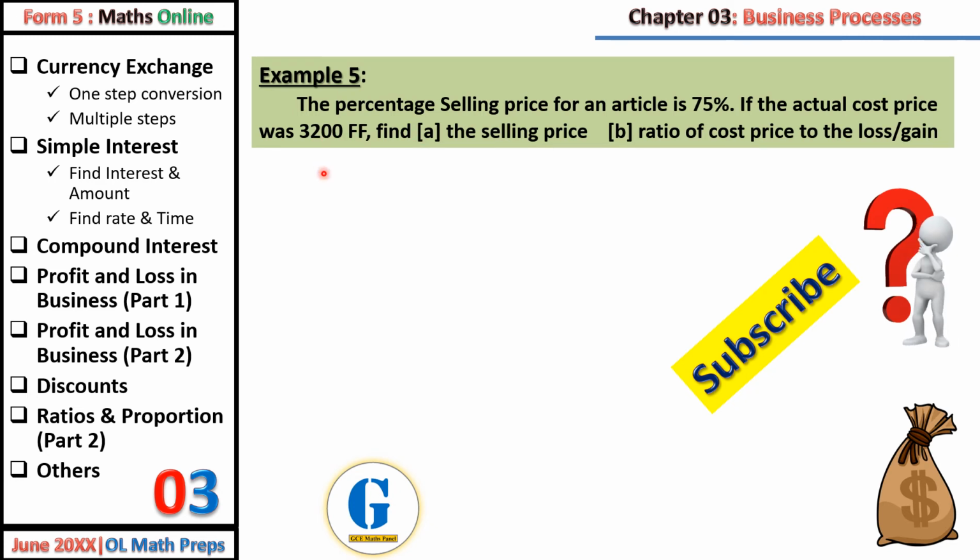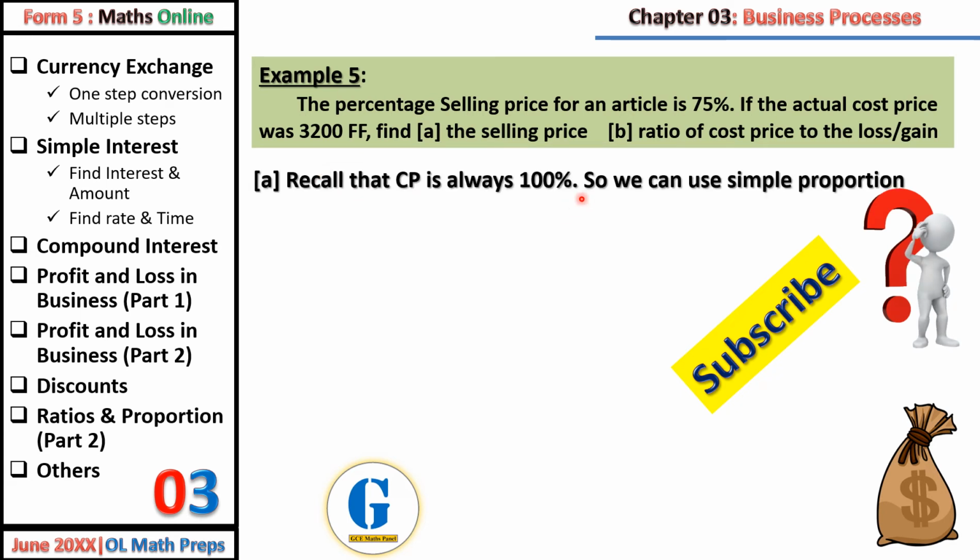One thing we have to recall is cost price is always 100%. So we can use simple proportion. Okay, cost price is always 100%. So this 3,200 is equal to 100%, and the selling price will be equal to the percentage selling price in this proportion. So our selling price, let's call it SP, will be equal to 75%.